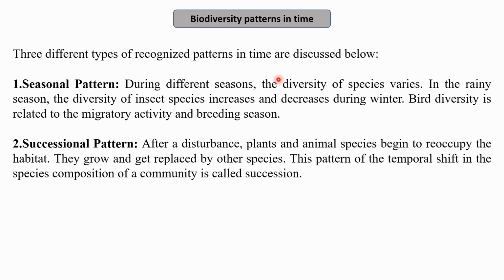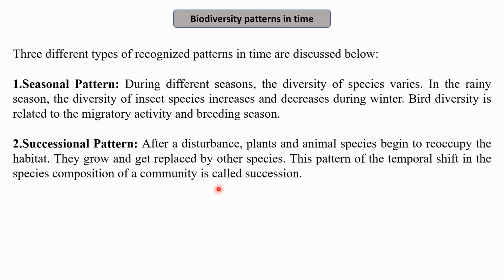After a disturbance, there is a redevelopment of that ecosystem, which is the succession. After a disturbance, plant and animal species begin to reoccupy the habitat. They grow and are replaced by other species. This pattern of temporal shift in the species composition of a community is called succession. We have studied this in the last lectures also.